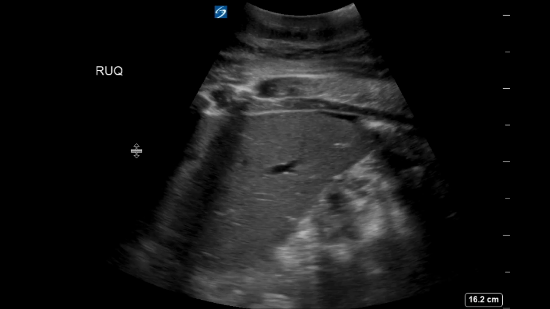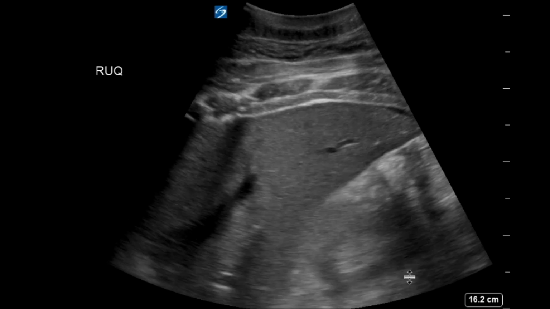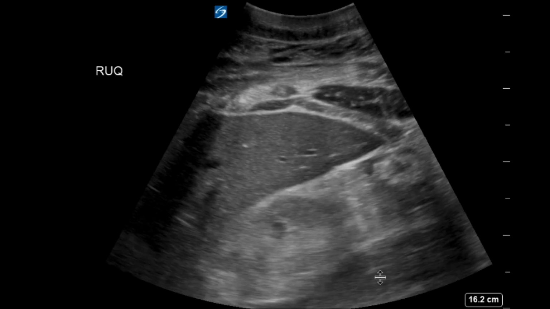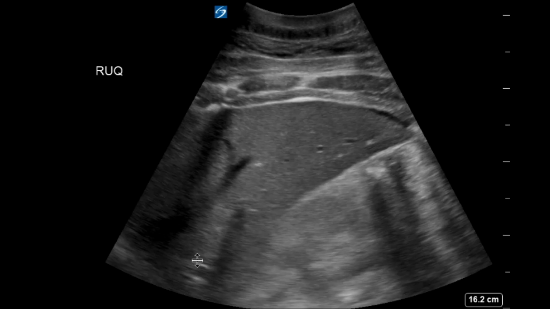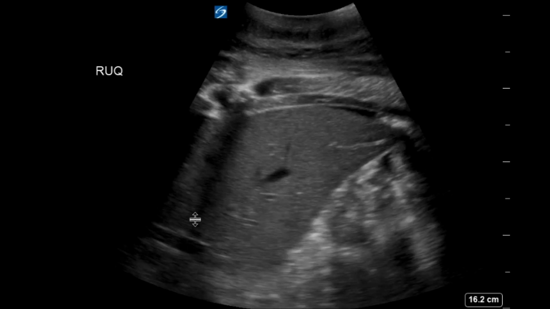All right. Now we're seeing a little bit better view of the right kidney here on top of the psoas muscle. You can see a little bit coming into view in and out right here. Looking around the liver, anything of note? Yeah, so we have some rib shadowing there, down the central part of the liver.